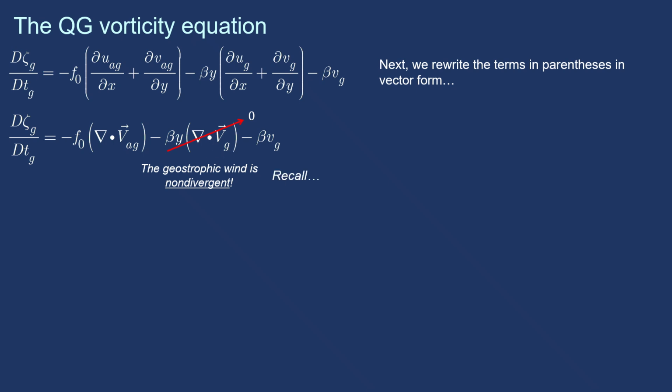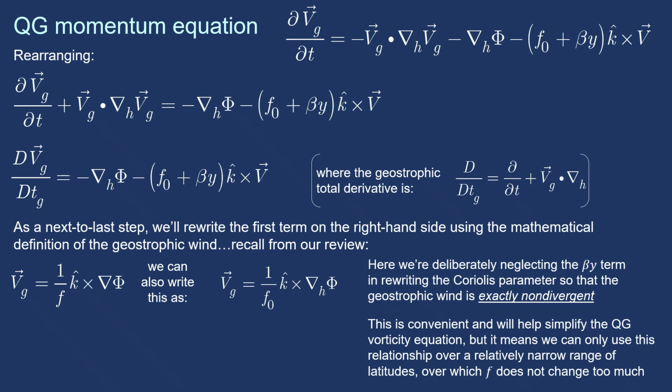And if we go back when we were working out the QG momentum equation and we were rewriting the geostrophic wind here, we rewrote it this way. So we rewrote, instead of using 1 over F naught plus beta y, k hat, we dropped off the beta y part here so that the geostrophic wind would be exactly non-divergent.